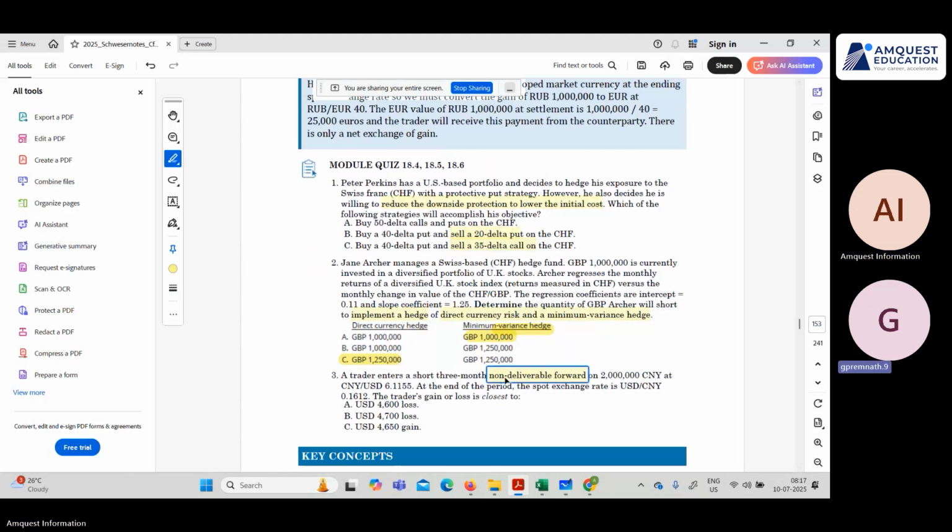It tells you that it's not a standard forward, but rather you will have to do some kind of netting and calculate the profit or the loss, and that has to be in terms of the major currency. That 2 million at the forward is worth $327,040. But at the spot, that same thing is worth $322,400.